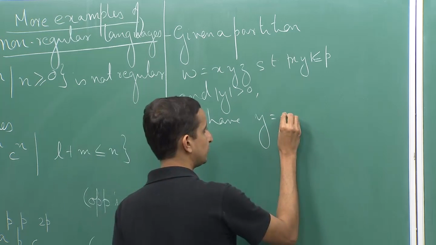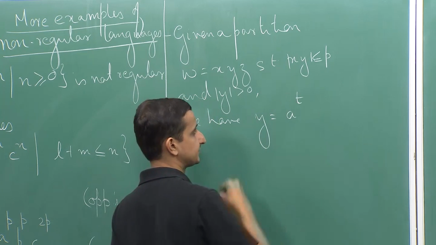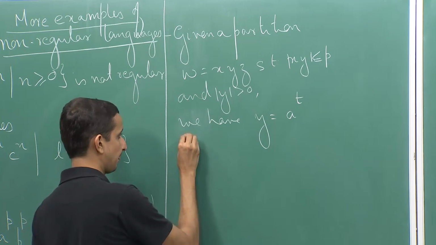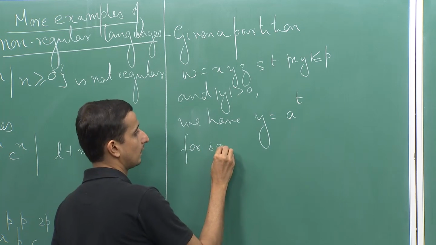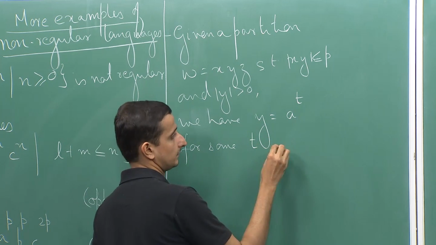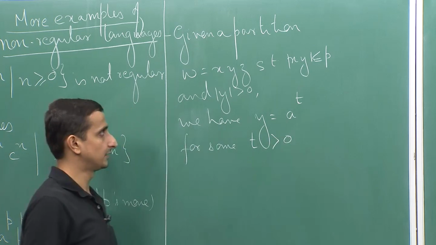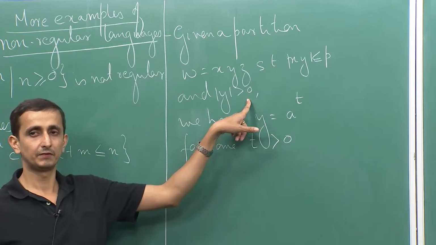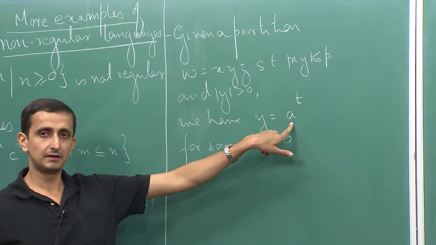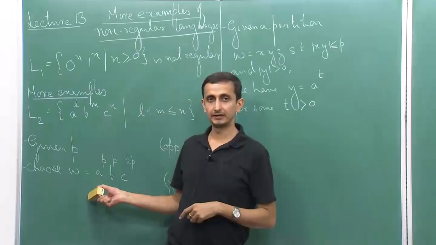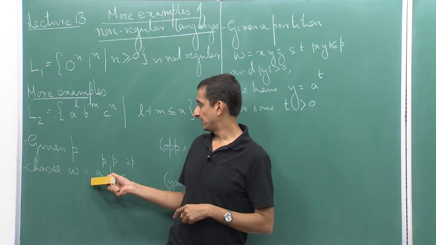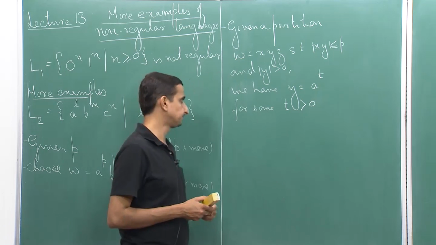So, y is equal to a raised to the power t for some t strictly greater than 0, because the length of y is greater than 0, and it consists only of a's because the length of xy is at most p.